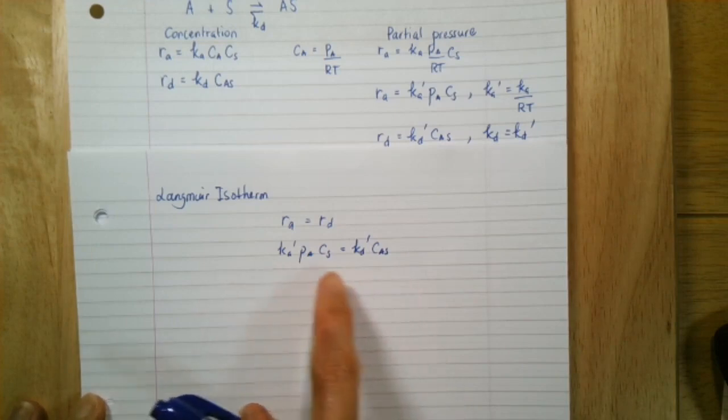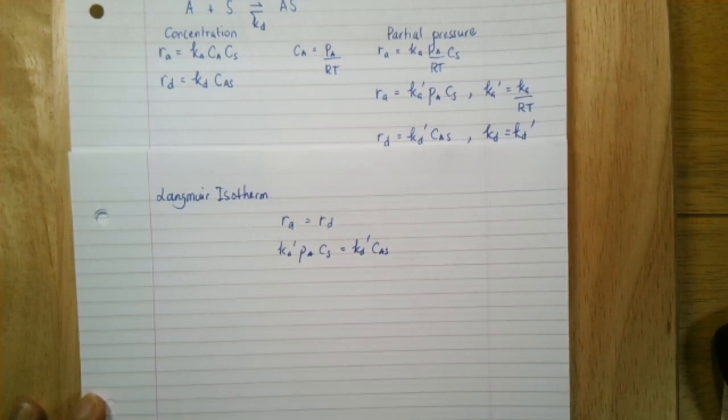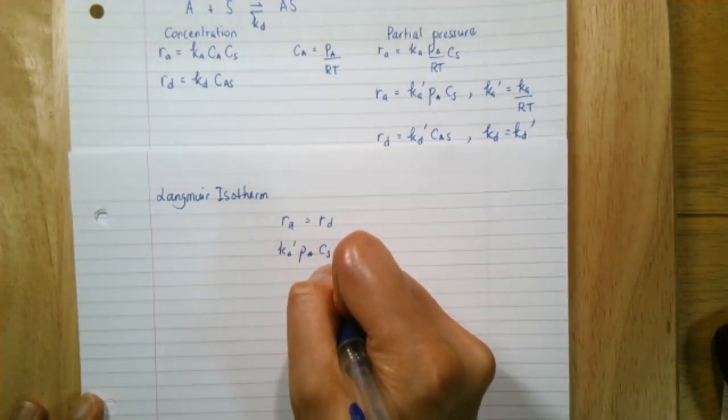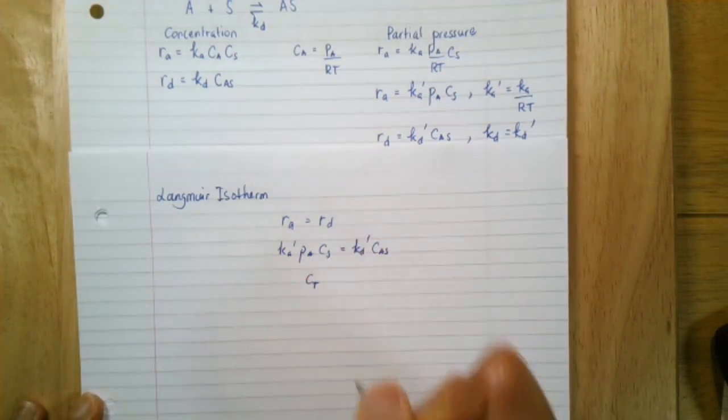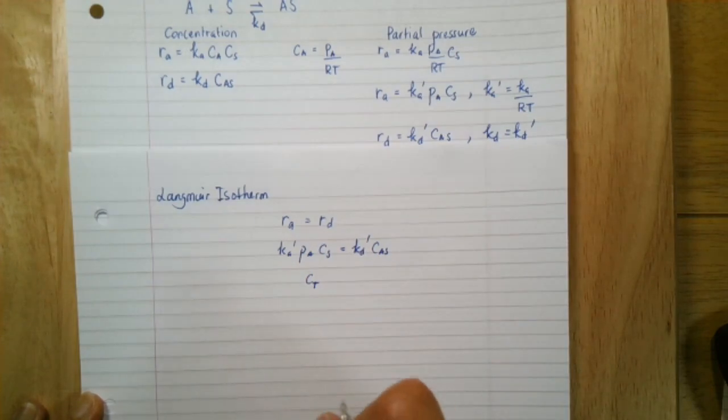So here I have two surface concentrations, CS and CAS, but they are very difficult to measure. So I would like to replace one of them with CT. CT is the total number of sites, and it is a constant if catalyst deactivation can be neglected.